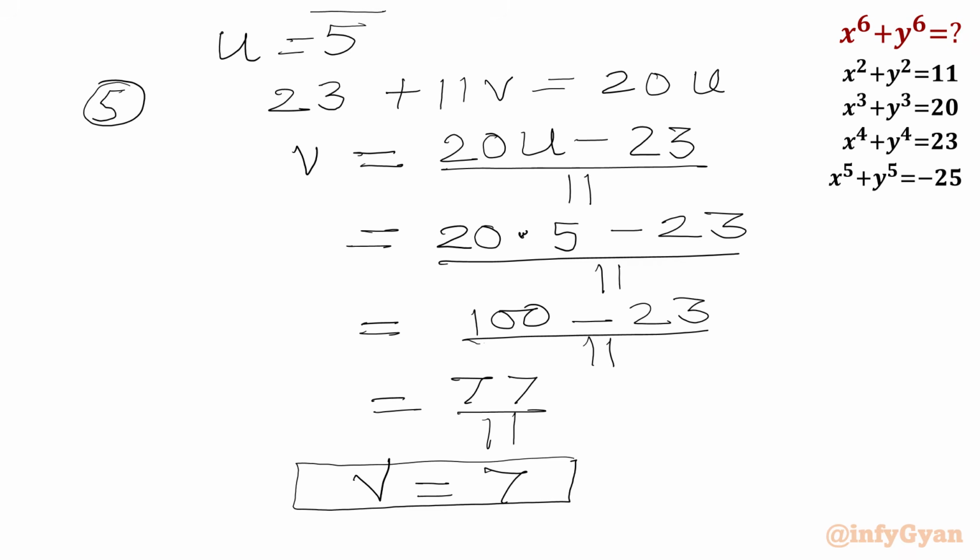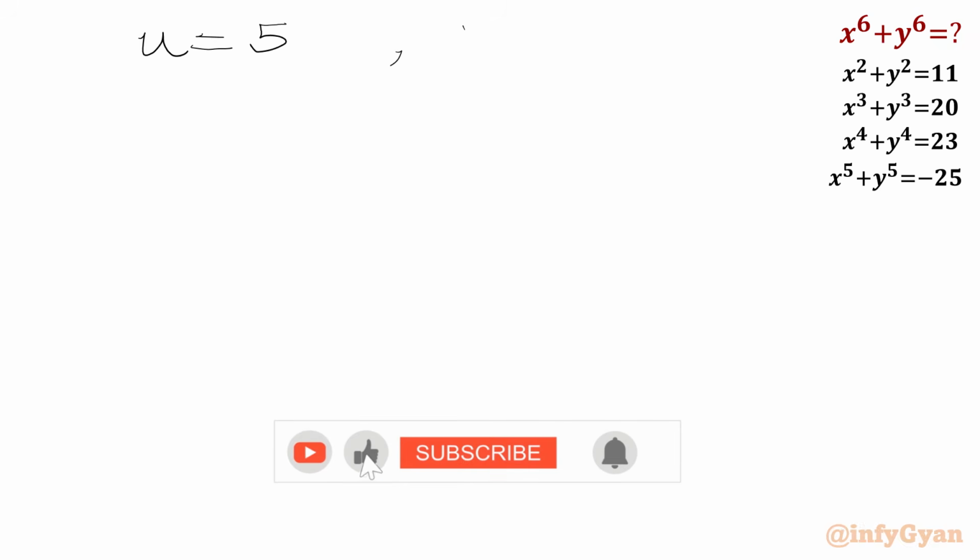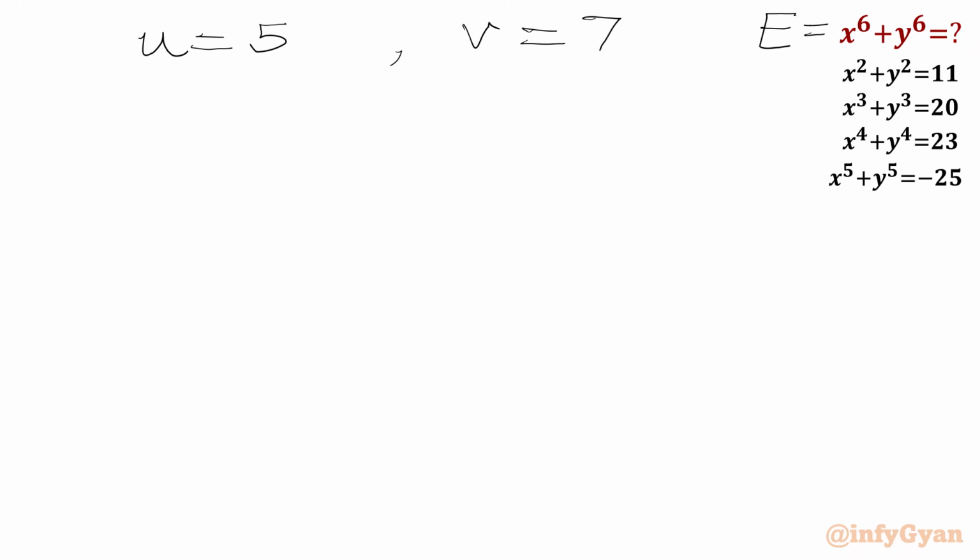Now we have to find the required expression x power 6 plus y power 6. Let's find. So we will write here u equal to 5, v equal to 7. Required expression is here. Now we will multiply our fourth equation.